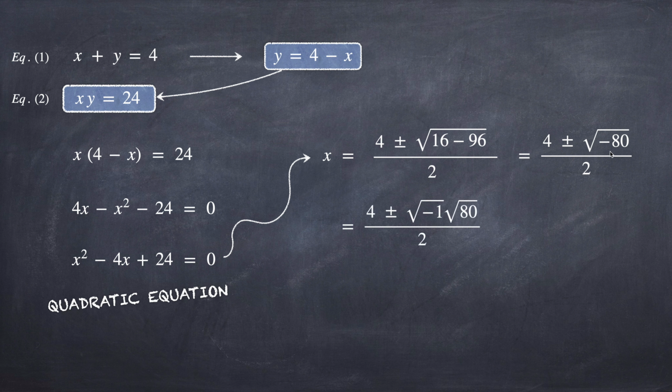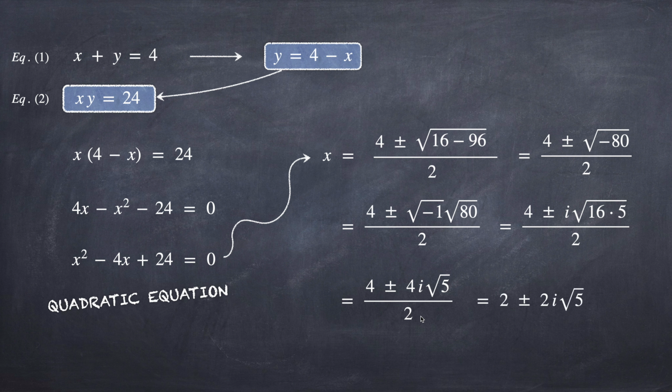And we know how to deal with the square root of negative numbers. This is the same as the square root of minus 1 times the square root of 80. The square root of minus 1, we know that it is i. And let's factorize 80 as 16 times 5, because 16 we can write as 4 outside the square root, and it will multiply the square root of 5.